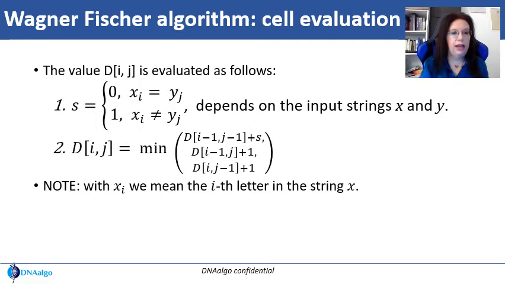If the values are different, we give a penalty of 1. Then each cell will take into account the value on the diagonal plus the penalty, the value on the left-hand side, and the value on the upper part. But let me go ahead with an example which will make it clear.